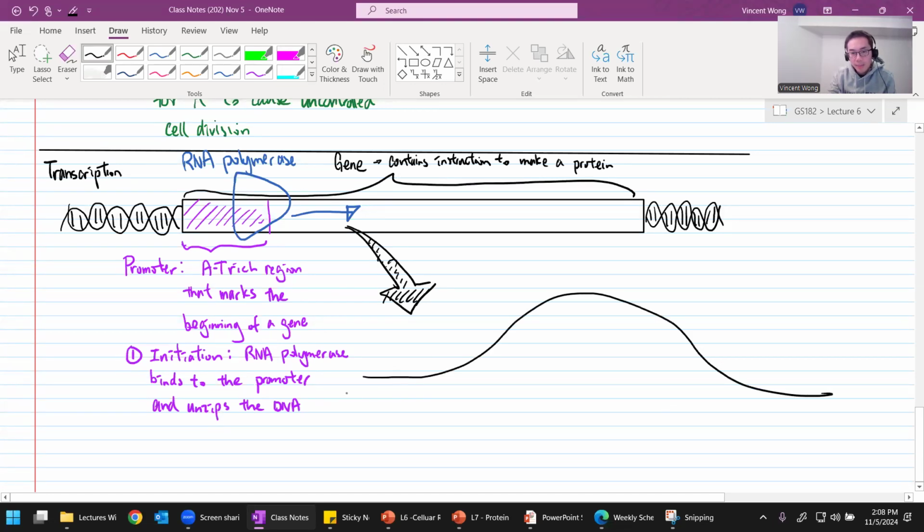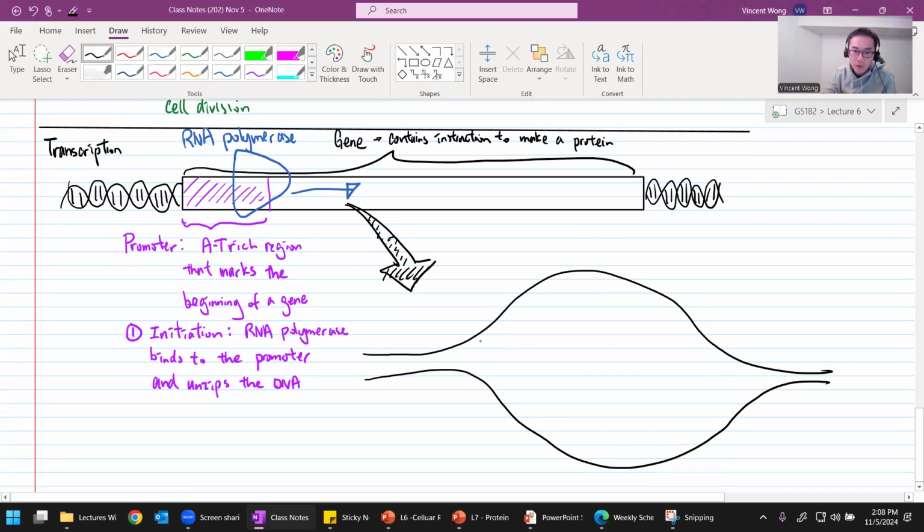Again, it looks very similar to what we learned last week, but it's not the same. I'm going to just have some nucleotides here, ATTC. And I'll have the complementary stuff down here.